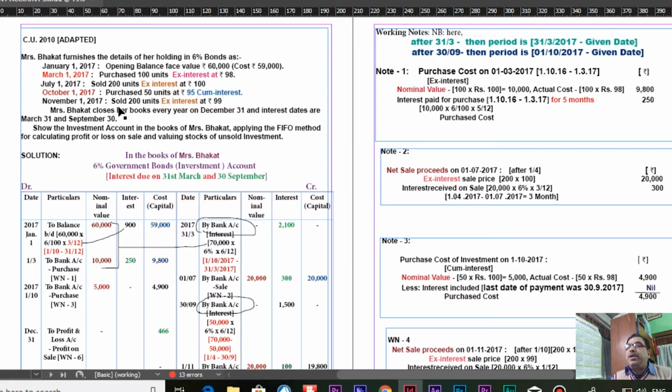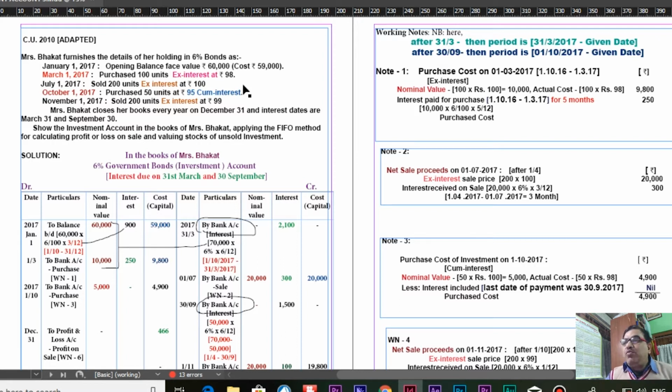Let's see the second transaction, that is March 1, 2017. It is the purchase transaction: purchase 100 units ex interest at rupees 98. Therefore, it means that interest is not included. Therefore, you should never add interest to it. Mind it very carefully. Otherwise, the problem may be mistaken.